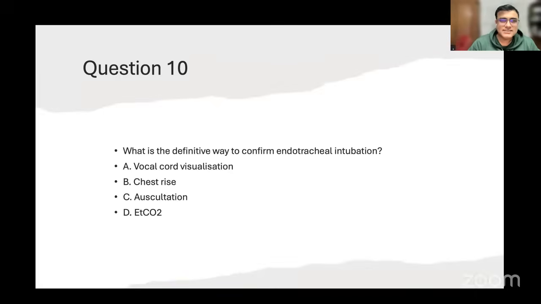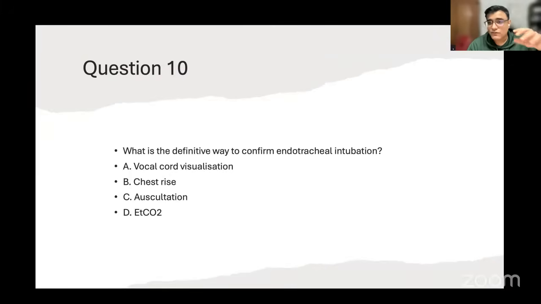Question 10 was, what is the definitive way to confirm endotracheal intubation? People have recalled options as vocal cord visualization, chest rise auscultation, and end-tidal CO2. You would think that vocal cord visualization is probably the correct answer, but the correct answer is end-tidal CO2, because there have been trials on it, and multiple data suggest that EtCO2 is much better than anything else.